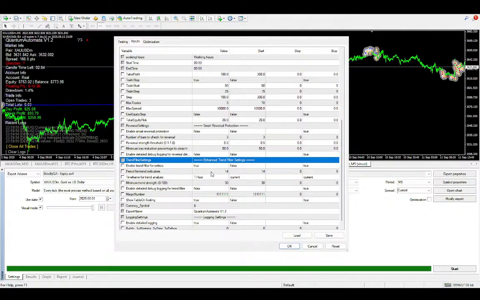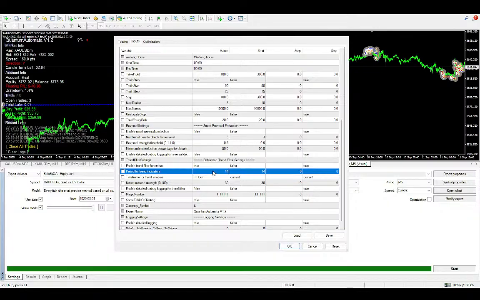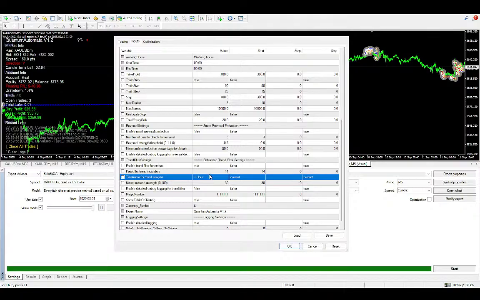And you can choose any number. For example, if you choose 14, it means you want the bot to use that number of candlesticks to judge the trend, alongside the trading time frame and the minimum ADX.